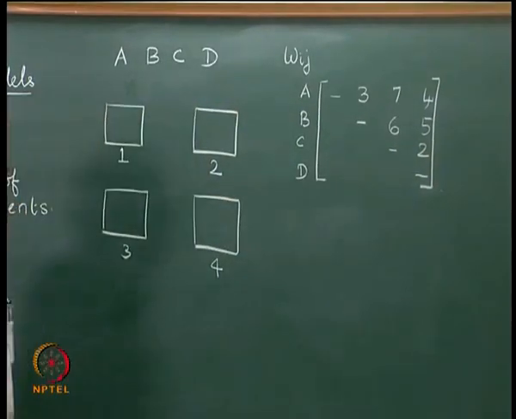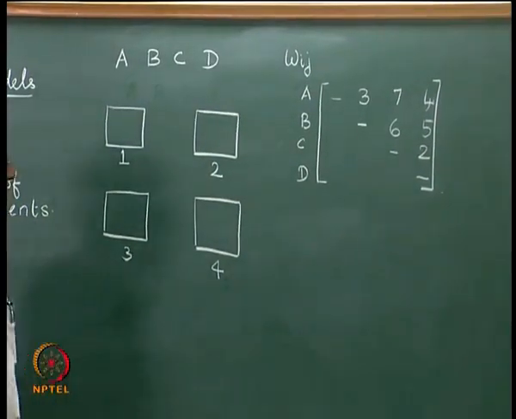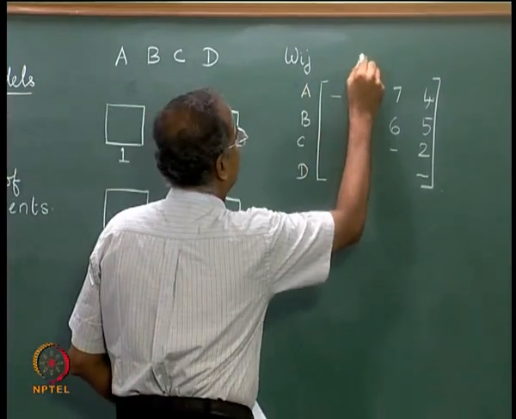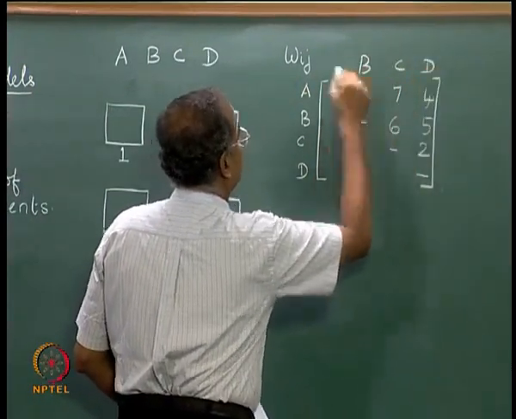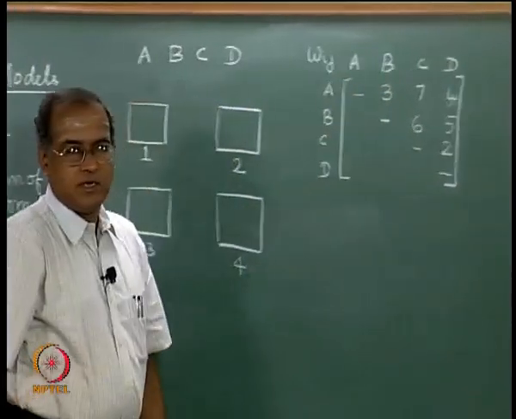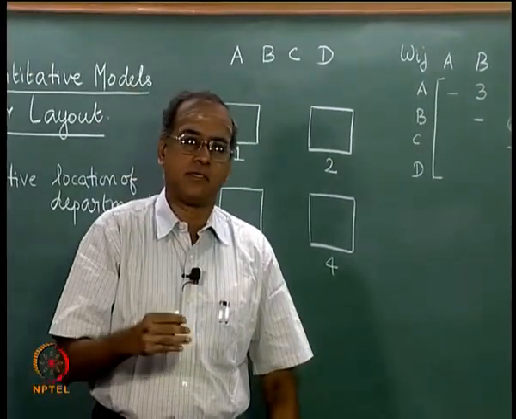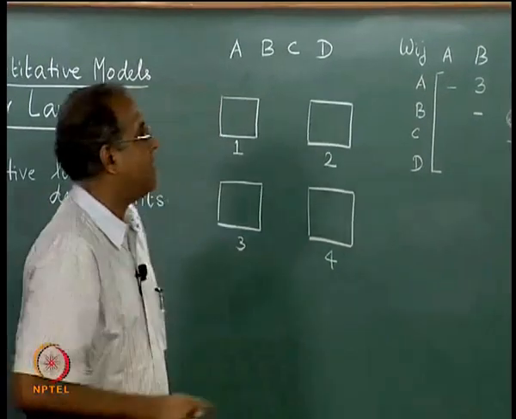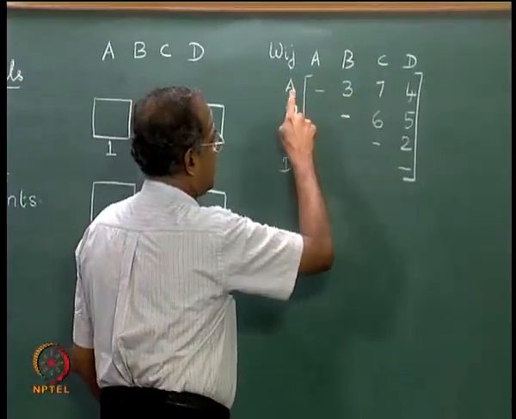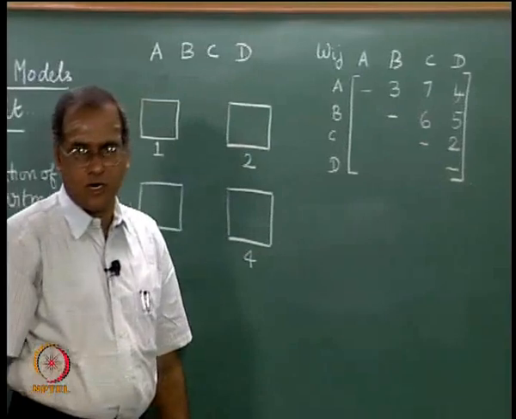Now we have assumed this matrix to be symmetric. This says that movement from A to B is 3 units, usually in tons or some kind of weight measurement. A to C is 7 units, A to D is 4 units and so on.